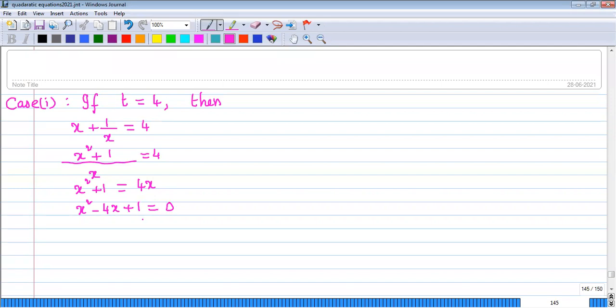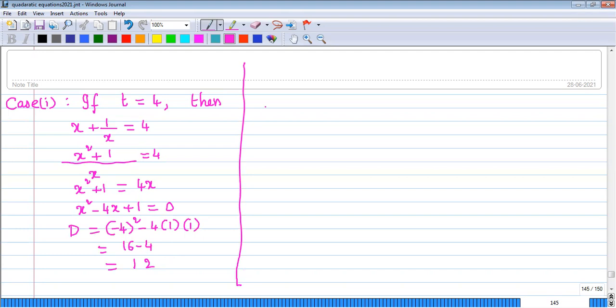Now the factorization method we cannot do, so use the formula method. Find d. D is equal to b square minus 4ac, minus 4 square, minus 4 into a, that is the x square coefficient 1, constant 1. This is 16 minus 4, whose value is 12. Then go for the formula method.